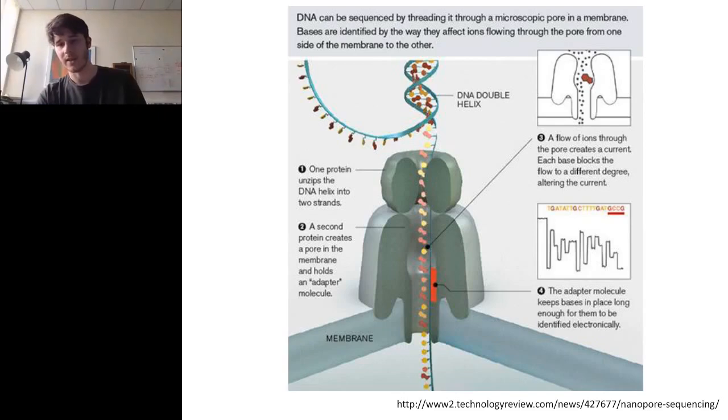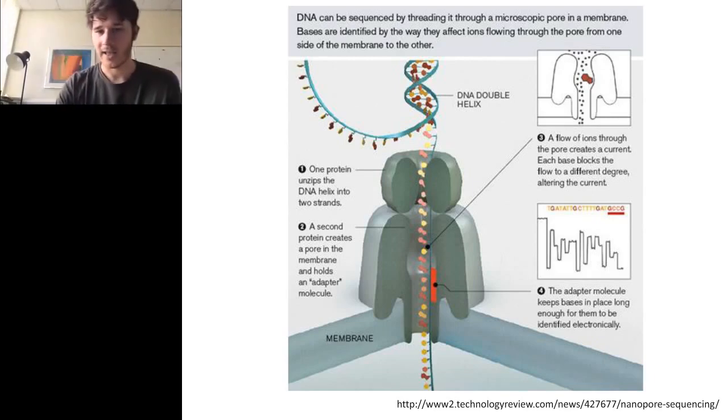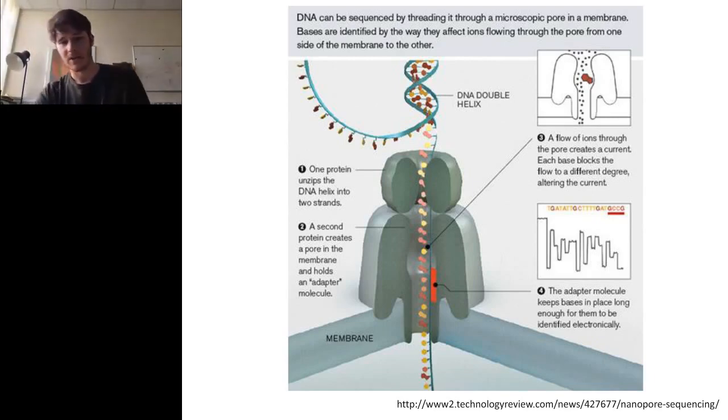You can see in this diagram those small dots represent ions flowing through the pore, which is the only way they can get through. If you measure the current across the membrane, you create a signal like this, and the DNA strand within the pore is blocking that ion flow, giving a characteristic change in the current level, which can be measured.